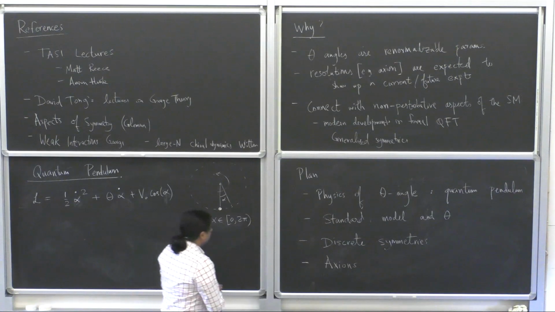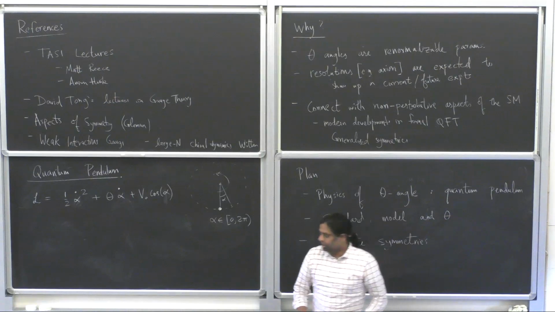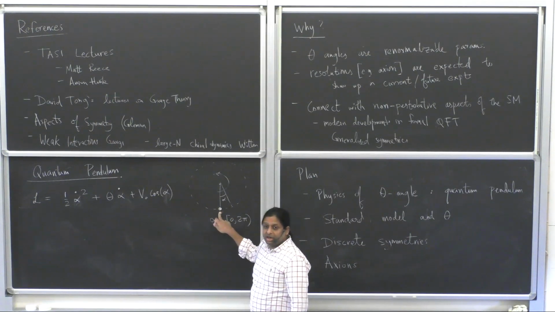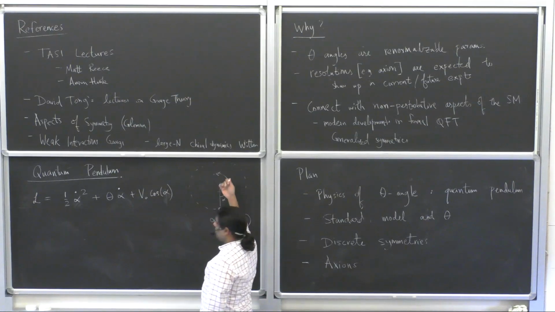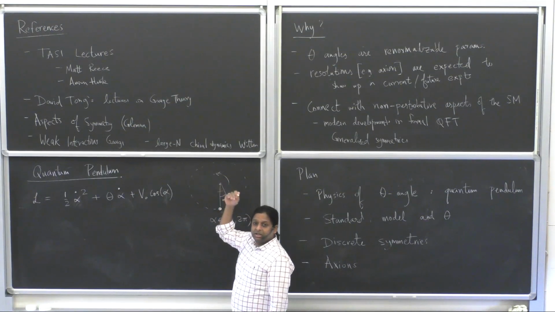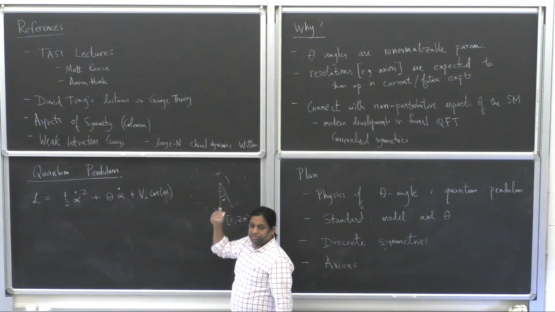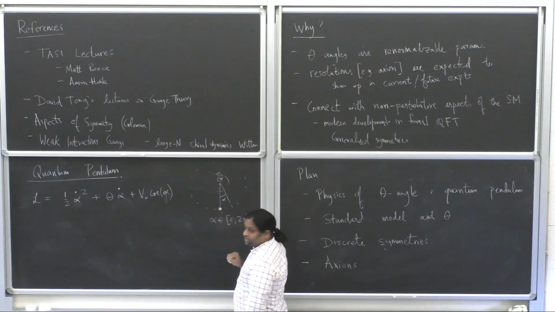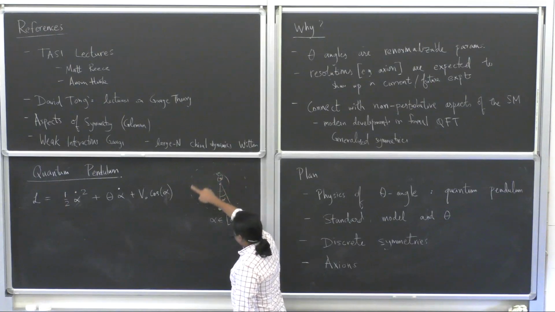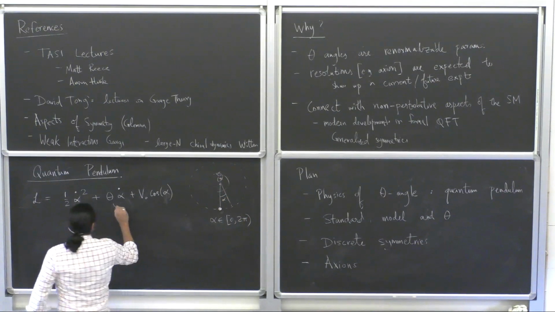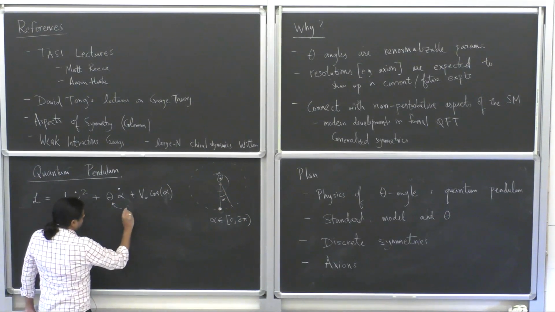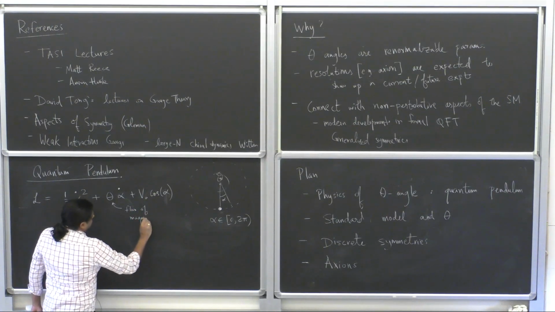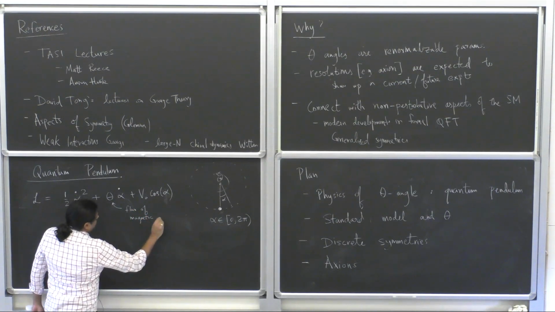One way we can motivate this is to imagine the particle at the end of the pendulum is charged, and imagine some amount of magnetic flux going through this circle. So imagine there's a solenoid in the middle with some magnetic field pointing out, and there's a charged particle. What this theta angle is exactly, in this analogy, is the flux of magnetic field through the circle.